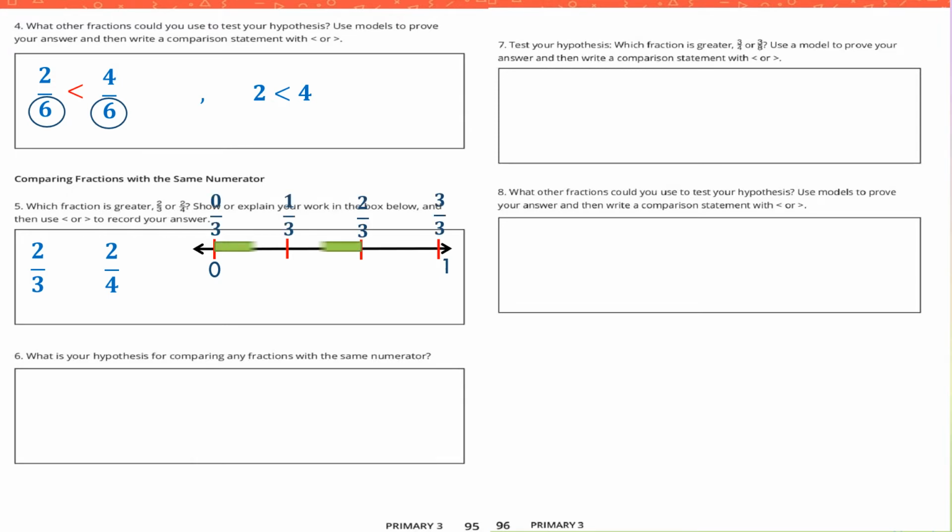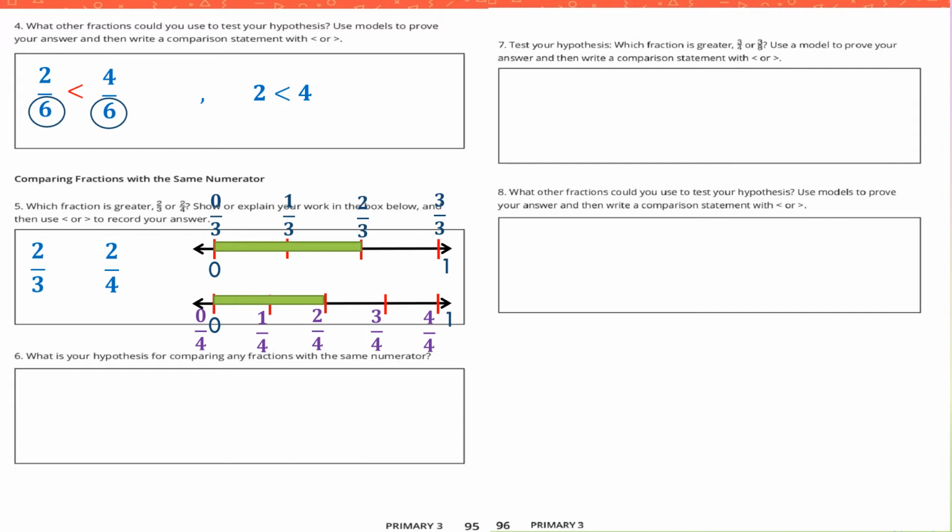Label each dash by its fraction and join between 0 over 3 to 2 over 3. Now we divide this number line into 4 equal parts. So label each dash by the denominator 4: 0 over 4, 1 over 4, 2 over 4, and so on. Let's locate 2 over 4 starting from 0 to 2 over 4.